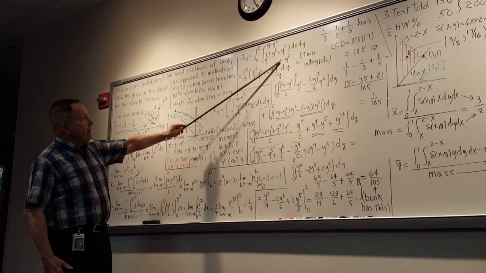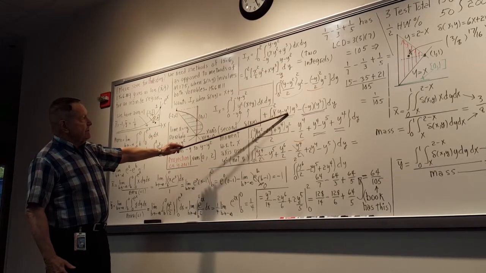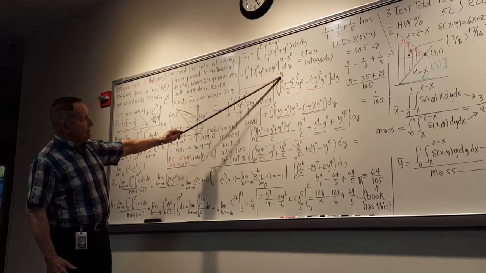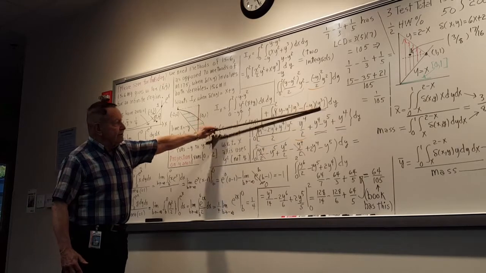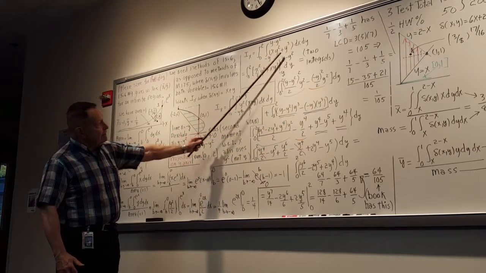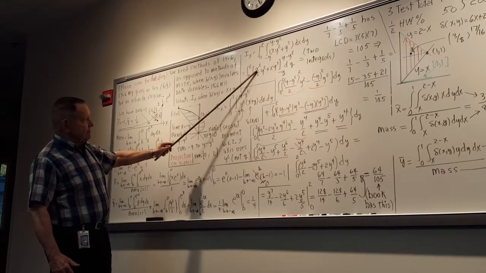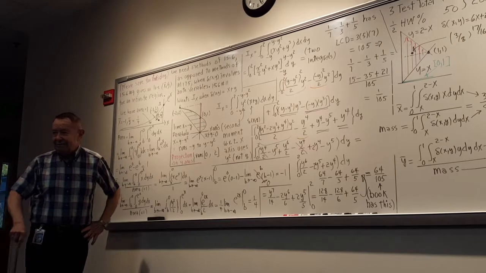I have the y minus y squared times y cubed down here, minus I have the minus y times y cubed. So these two are this part, and these two are this part. Okay, you follow me so far?